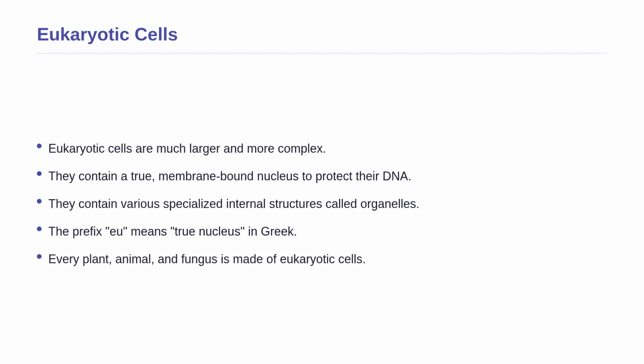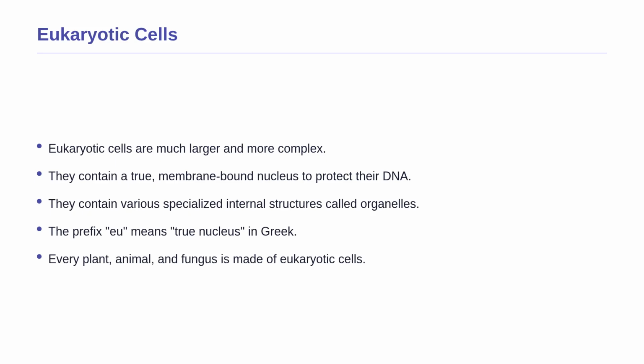Moving on from the simple studio apartments, let us look at the complex mansions, eukaryotic cells. A eukaryotic cell is a much larger, more complex cell that contains a true, membrane-bound nucleus to safely protect its DNA.